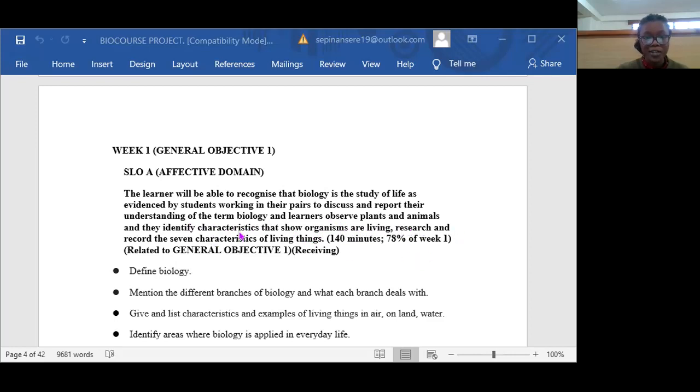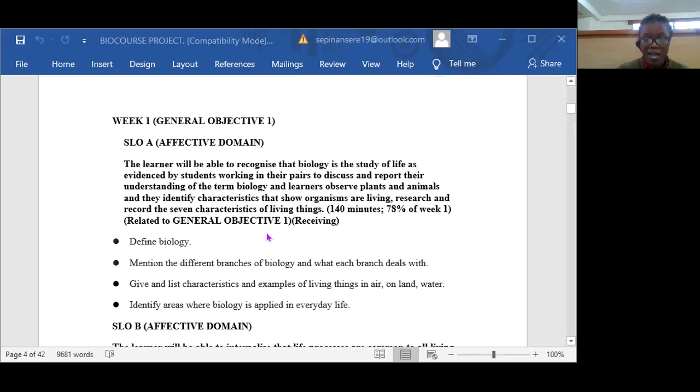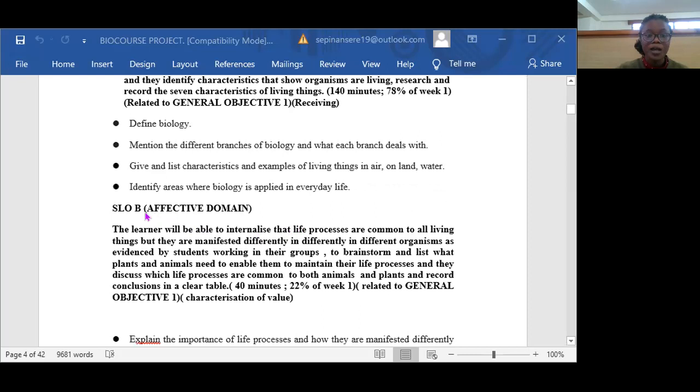Research and record the 7 characteristics of living things. It took 140 minutes, that is 78% of week 1, related to general objective 1, and it is under the lower levels of the affective domain, which is receiving.